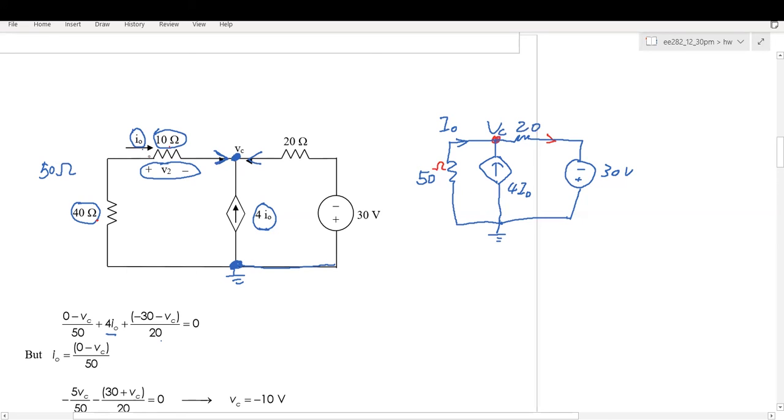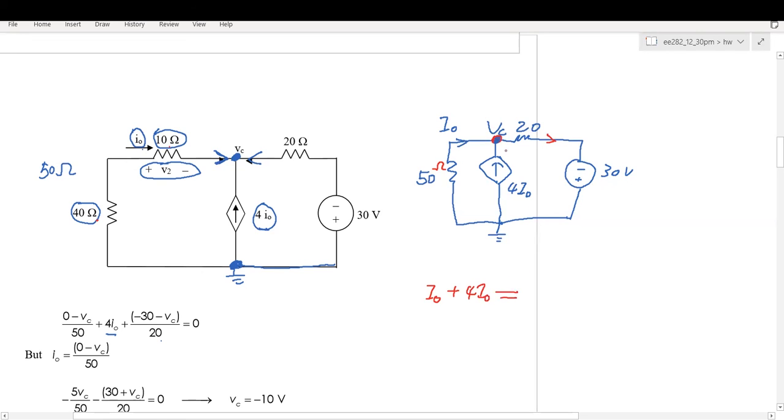The direction of I0 is this direction. Here, big I0 and small I0 are the same. In the nodal analysis on this node, we see current flow into, that will be I0 plus 4 I0, equals current flow out.